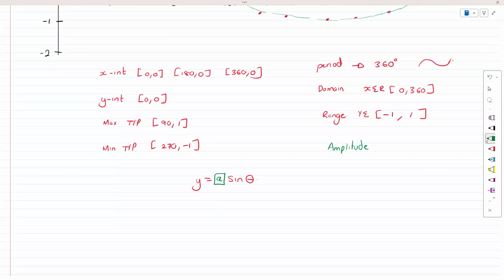The amplitude is the maximum height above the x-axis or the minimum height below it, but it does change. But the best way to do the amplitude is either look at the formula, look at the value in front, a, or take the maximum point plus the minimum point and divide by 2. And you don't need to include the minus parts like the -1 and +1.